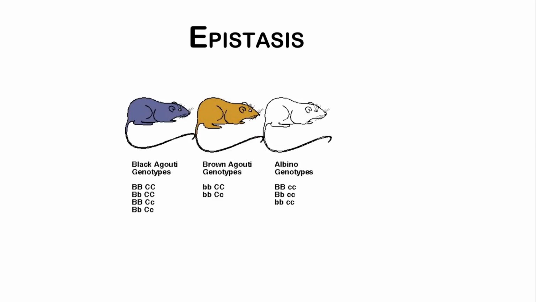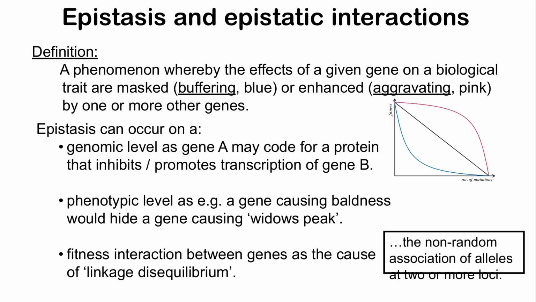What this means is that these C genes, when they are present, will mask whatever happens at B. And this is something that happens quite commonly in biology, and that we want to be able to identify. You can have one mutation that becomes invisible simply because there is another mutation that overrides it in a certain way.